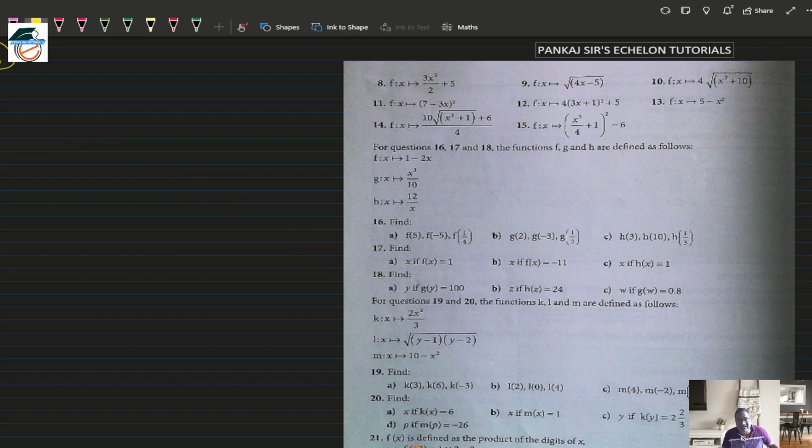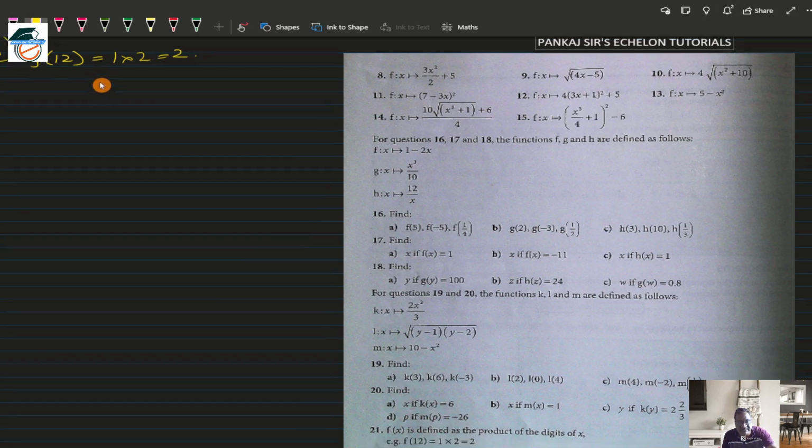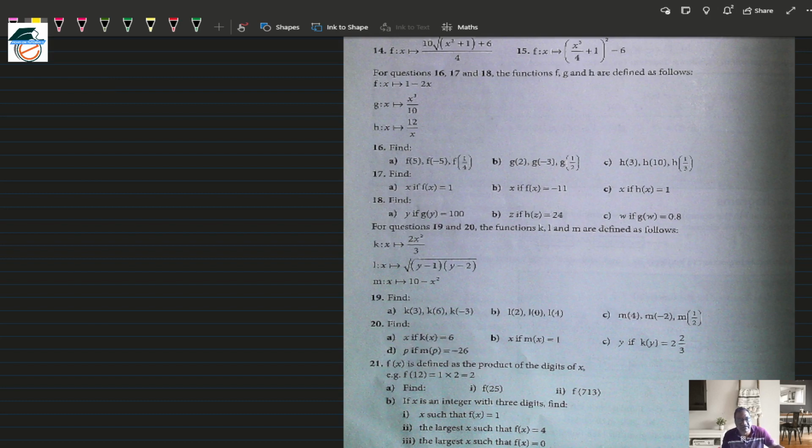Now 21 says that if f of x is defined as a product of the digits of x. Example, f of 12 is equal to 1 into 2, which is equal to 2. This is how it has been defined. Now you have to find out a.